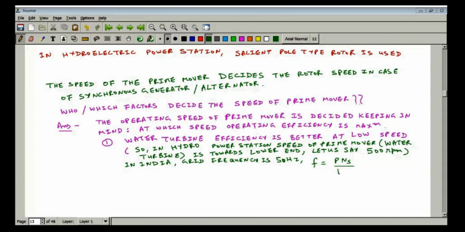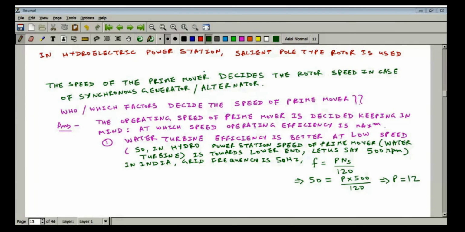So from here, you can write: f is 50 Hertz, P we don't know, Ns is 500. From here you can calculate the number of poles. The number of poles comes as 12, because the zeros cancel, and 5 times 10 is 50. Yes, P equals 12.